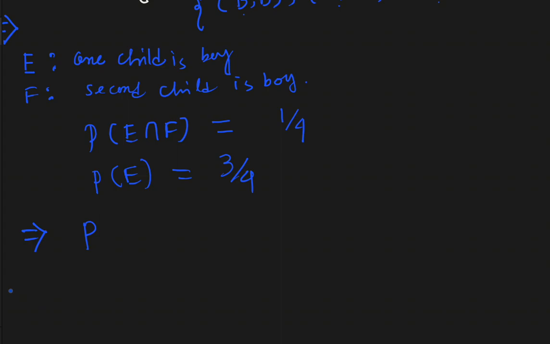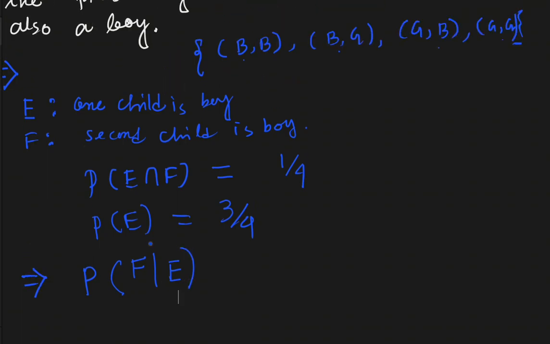I think, since this is the assignment corresponding to week 0, conditional probability has not been introduced yet in the class. So let me tell you that here I have to calculate the conditional probability: what is the probability that the second child is a boy, given that one child is a boy?